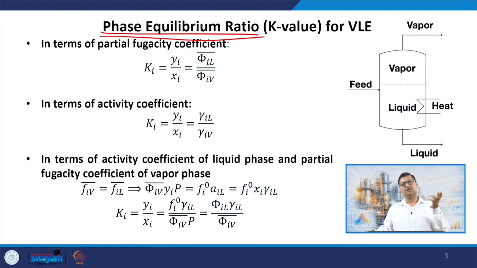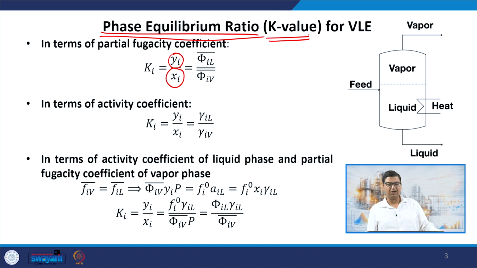So what we discussed in the last lecture is that we can define this phase equilibrium ratio, which is the ratio of the mole fraction in the vapor and the liquid for a particular component i, let's say yi by xi, which I will typically call the k value for a vapor liquid equilibrium. In fact, we can define a similar quantity for other equilibria as well, as we will discuss.